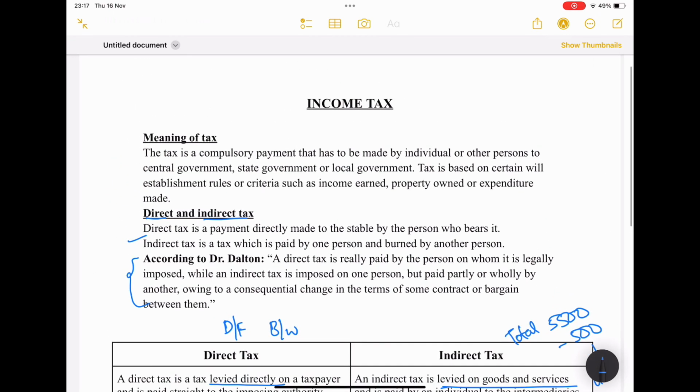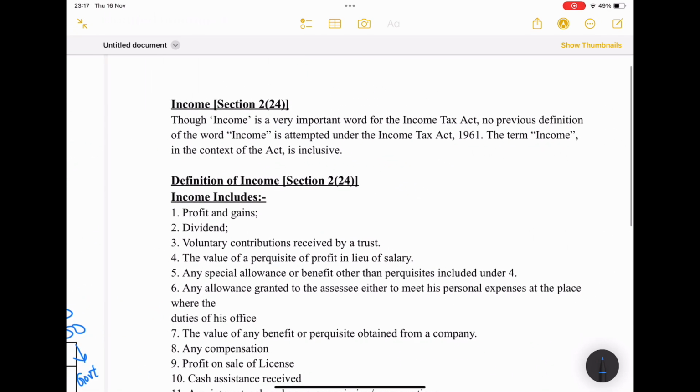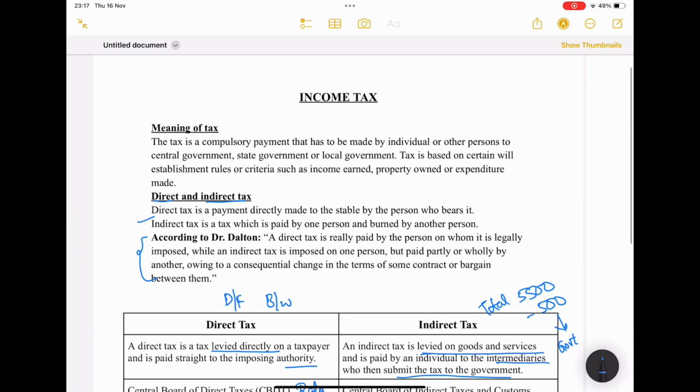Further we have so many contents. There are so many things: income tax hacks, for example, there is a different meaning for income, there is a different meaning for person. So we are going to learn important terminologies. In further videos, I'll go one by one.